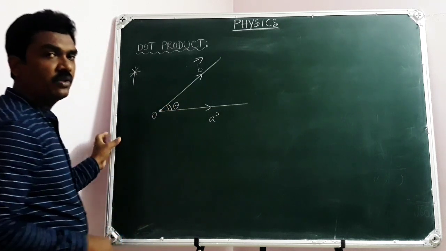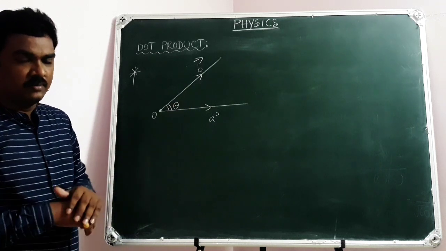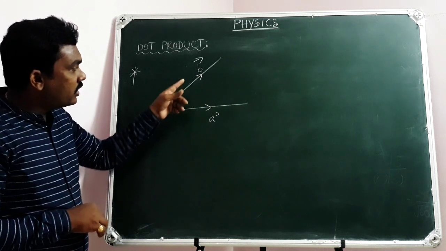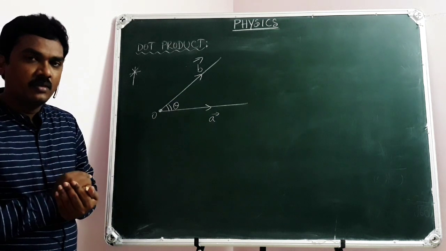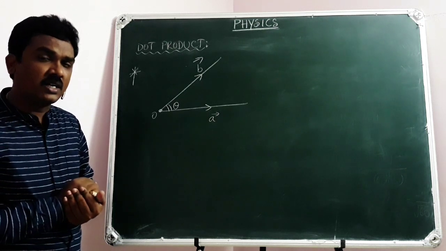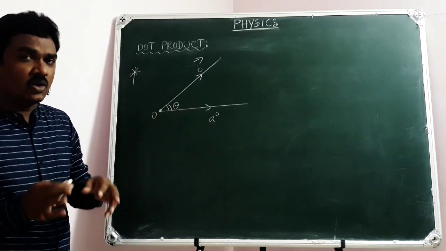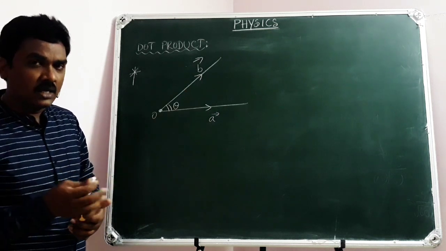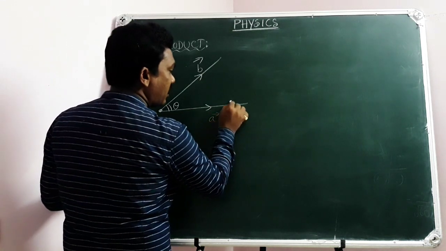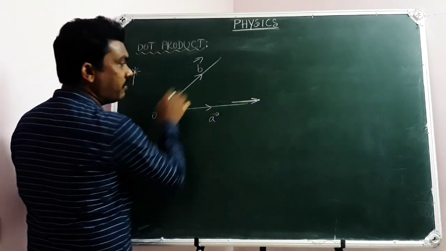The interesting point is, if you resolve B bar in the plane into two rectangular components, one is along A bar.